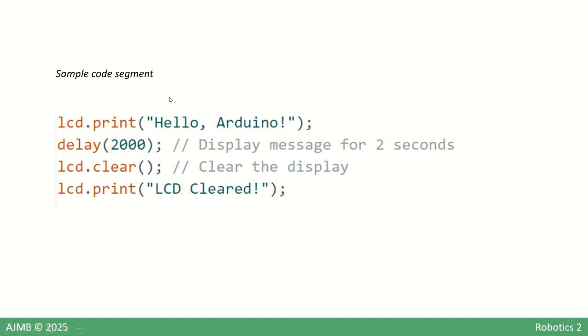This is a sample code segment using the function LCD.print. You will print "Hello Arduino", and it will stay on screen for 2 seconds. Afterwards, it will clear that text, and this will appear instead: "LCD cleared".